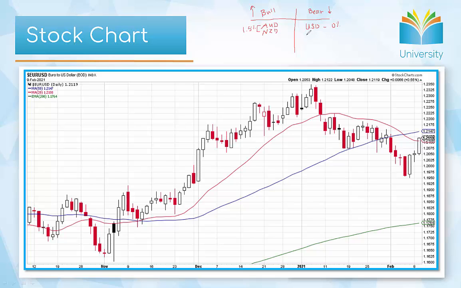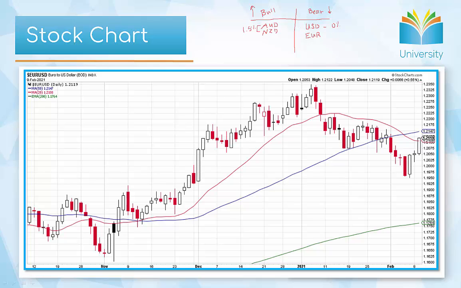I would put Europe, the euro, a little bit more on the bearish side of things, just in terms of comparison. And now we've got some ideas. We've got, okay, these are stronger, these are weaker, and we can start to look for trading opportunities.